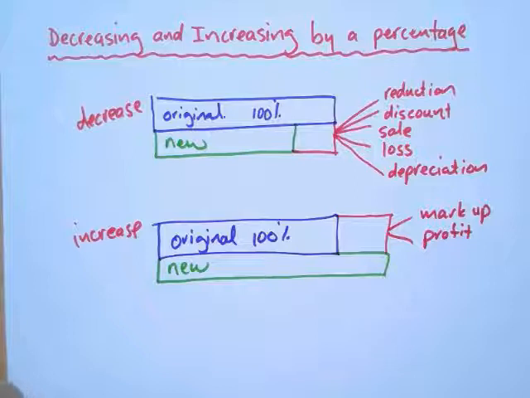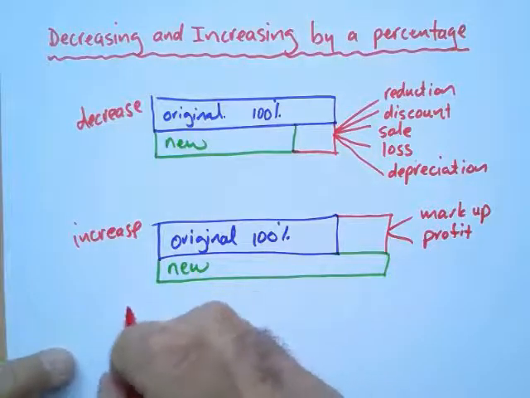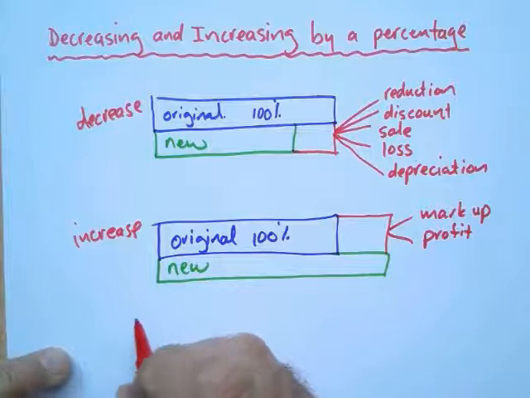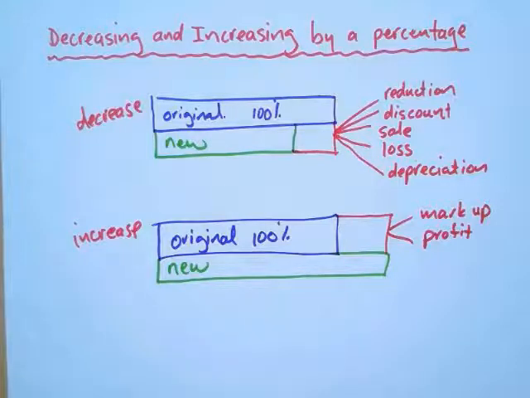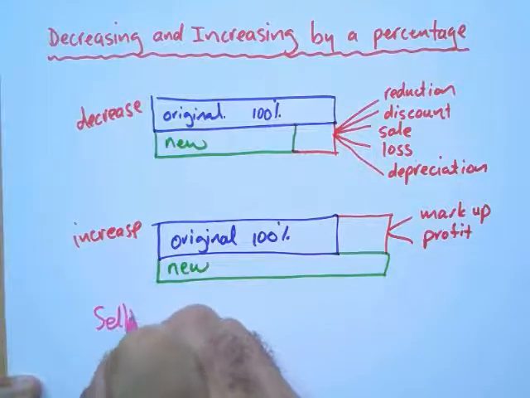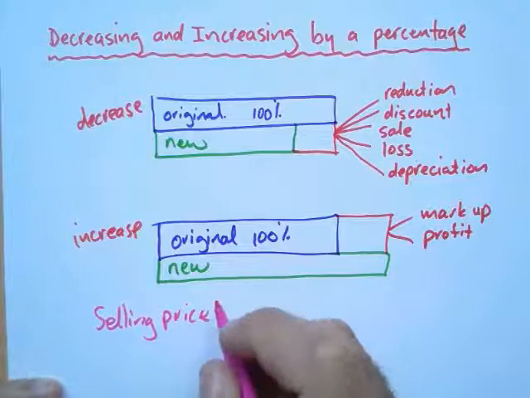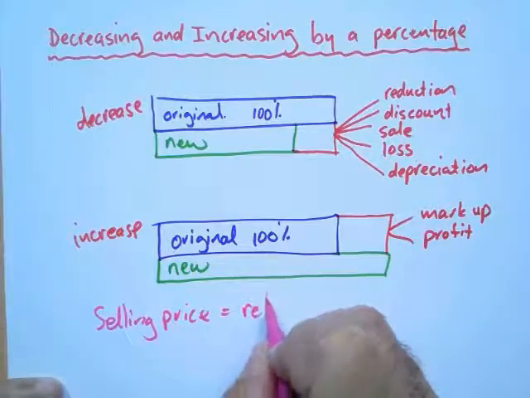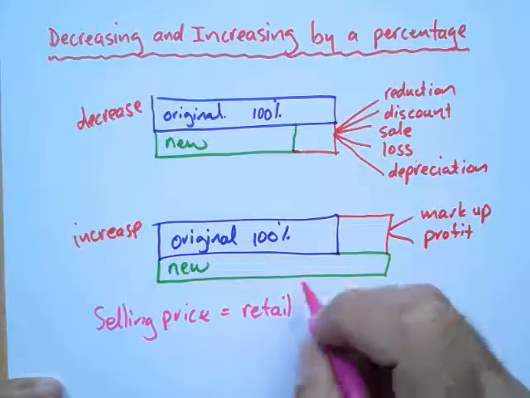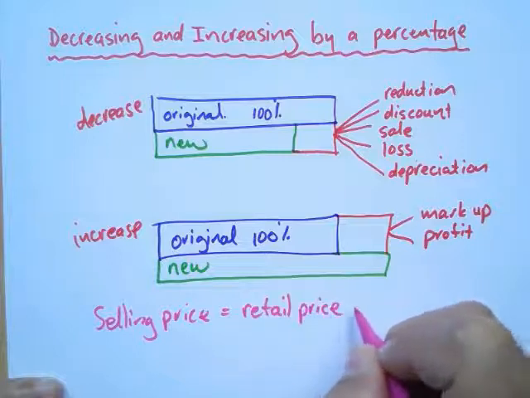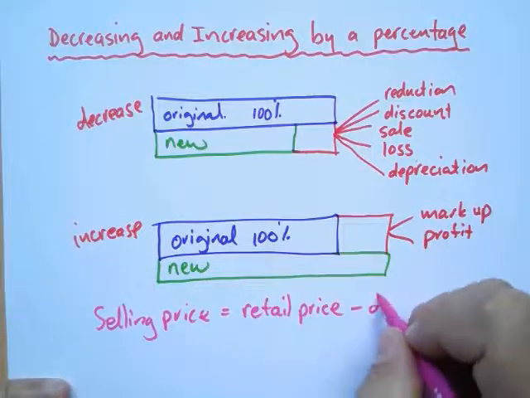And to do this, we're going to look at different methods. Some formulas that you need to know are words like retail price. So the selling price will equal the retail price, take away the discount.